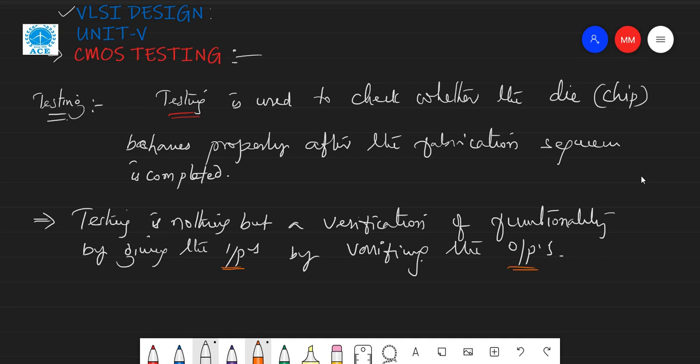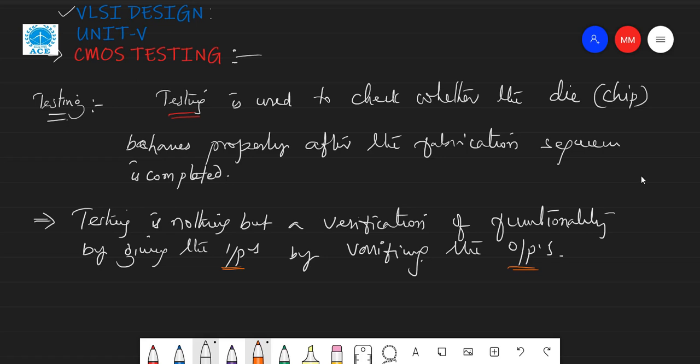There are so many reasons actually. While manufacturing there are so many processes, as you know. In the first unit you studied CMOS fabrication. While fabrication, the etching process will be there, and there is a possibility of a mismatch of connections. So many factors are there.